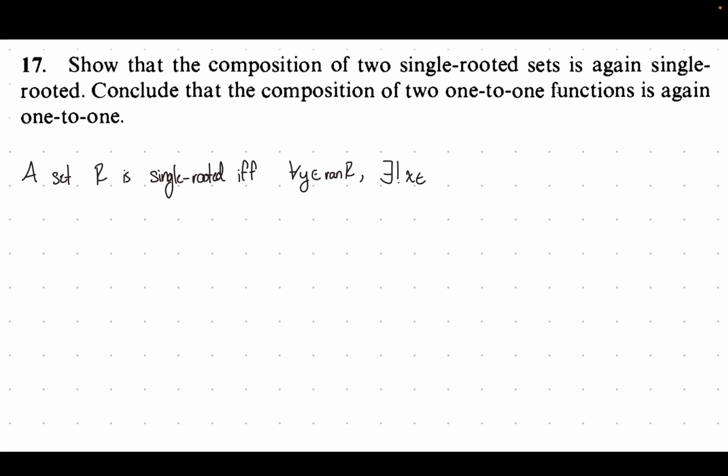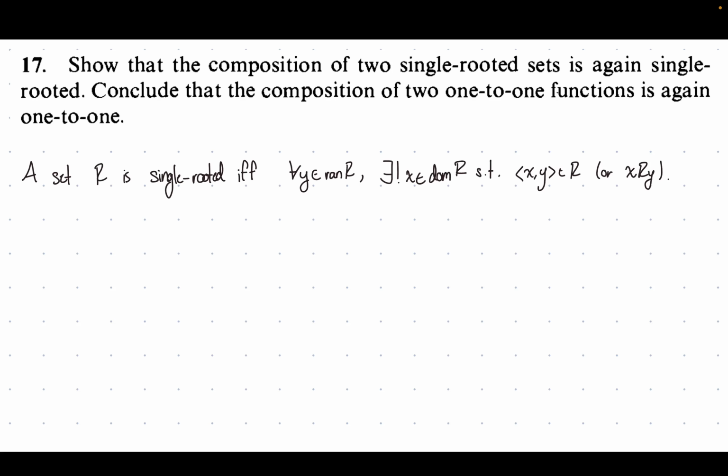there exists a unique x in the domain of R such that (x, y) is an element of R, or x R y, however you choose to use the notation, that's totally fine.